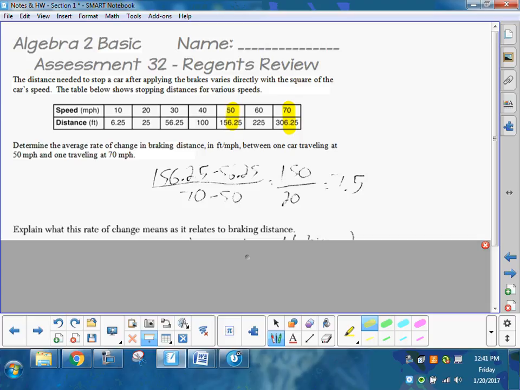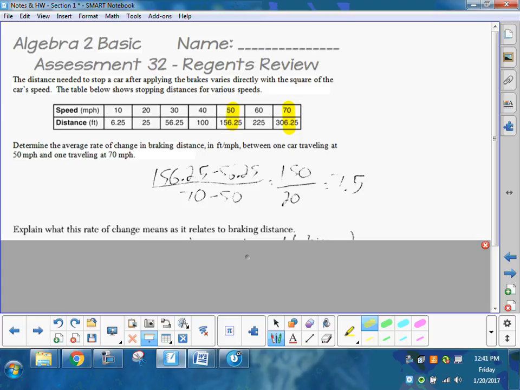Close. Ben, what did you say? Speed increasing each 1 mile per hour, so does the distance it takes to stop while braking, which increases by 7.5. This was tighter, right here.